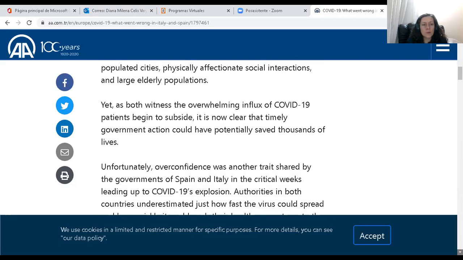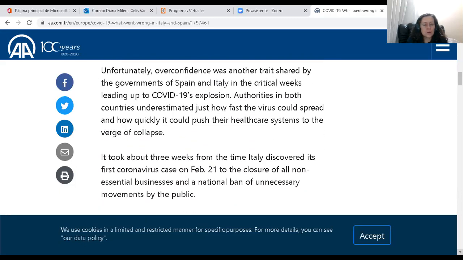Unfortunately, overconfidence was another trait shared by the governments of Spain and Italy in the critical weeks leading up to the COVID-19 explosions. Authorities in both countries underestimated just how fast the virus could spread and how quickly it could push their healthcare systems to the verge of collapse.